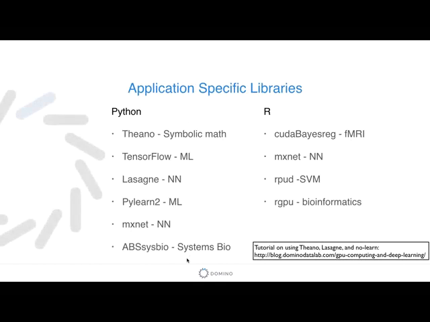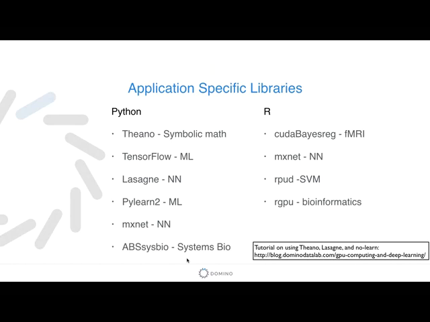So when we go into this and think about our choices, application-specific libraries is definitely one of them. There are a lot of different libraries out there in Python and in R. The Python ecosystem is a little bit more developed than the R ecosystem. In Python, you have symbolic math libraries like Theano, which can do a lot more generalized computation using a GPU.